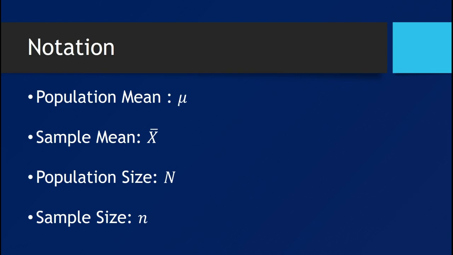That shorthand notation is going to depend upon whether we're talking about a mean of a population or a mean of a sample. So what we do oftentimes is we'll use Greek letters when we're talking about population measurements.